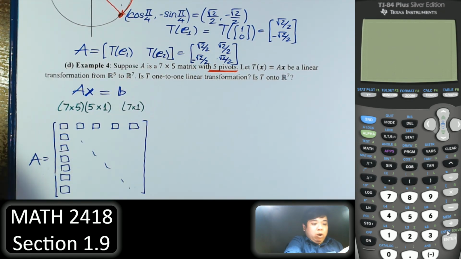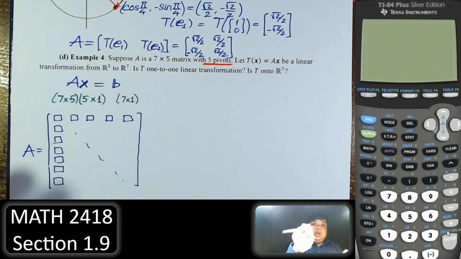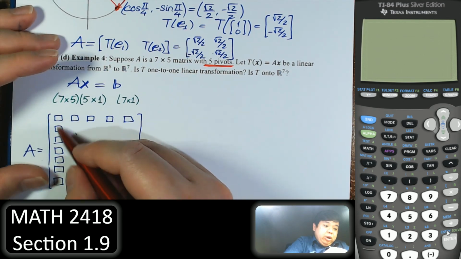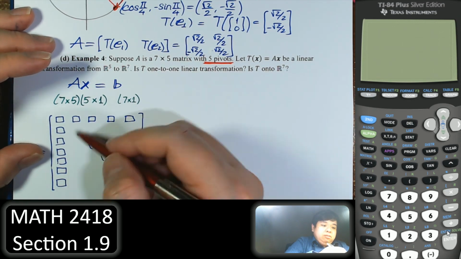Here we have 5 pivots. Of course, the pivots are in the echelon form, so they have to align. The only possible way is that we have a pivot on every column, right?